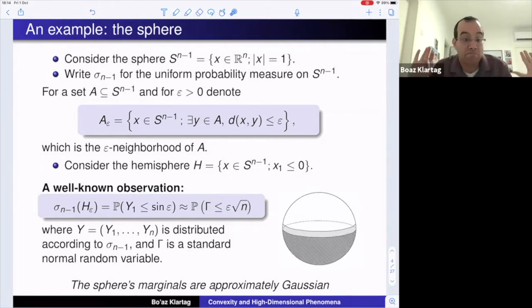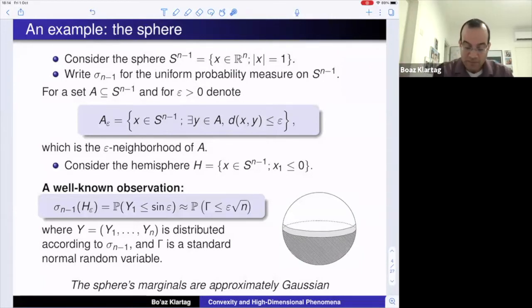Maybe epsilon is 1/10. But n is going to infinity. And therefore, this probability, the probability of a Gaussian to be smaller than epsilon √n, is very close to 1. I mean, it's the probability of a Gaussian to be at most √n standard deviations times 1/10 above its mean. And the complementary probability is exponentially small in the dimension n.